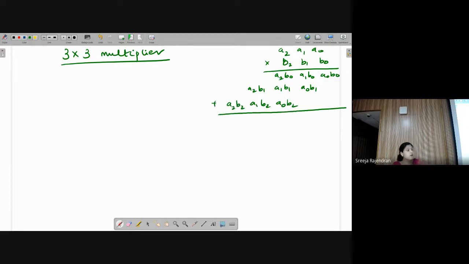So what do I call each of these terms? A0B0, A1B0. What are they called? They are called partial products.